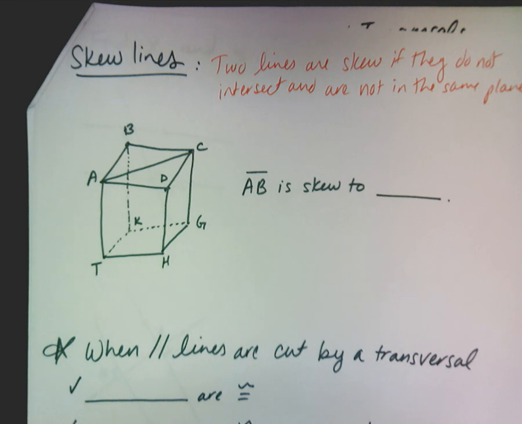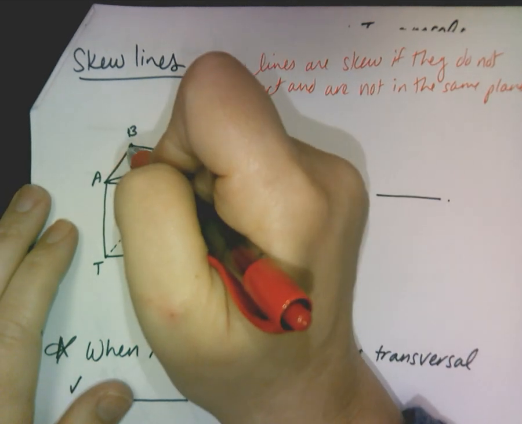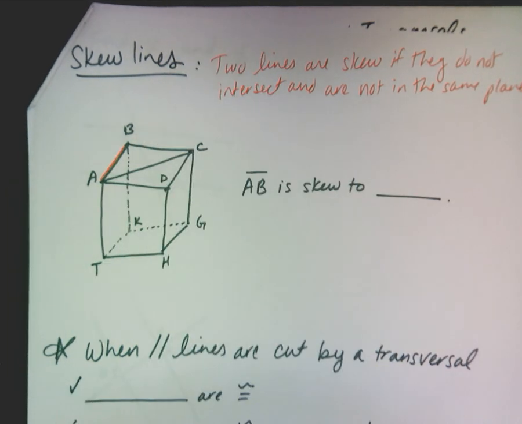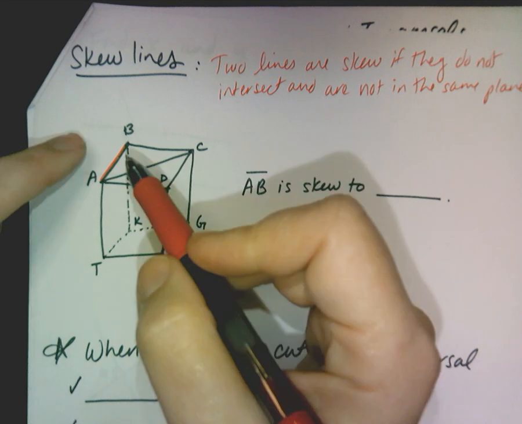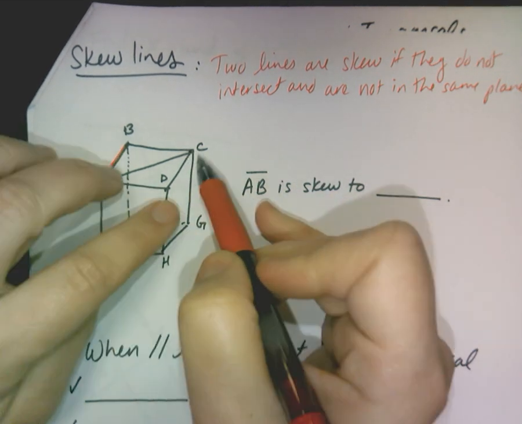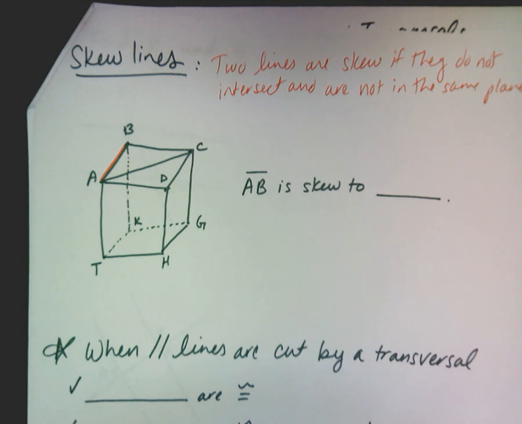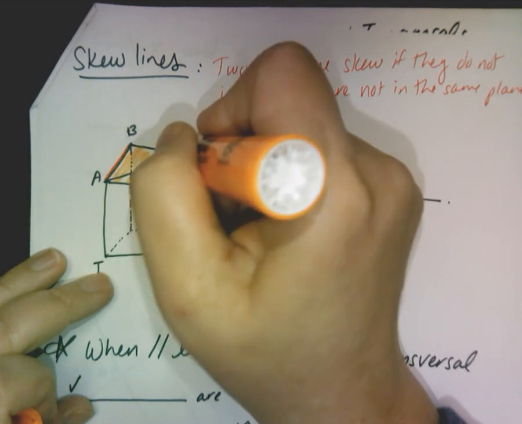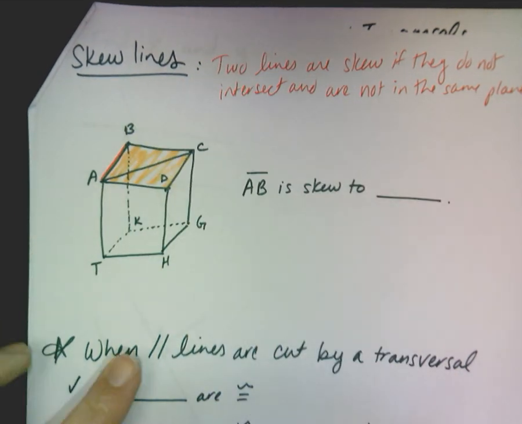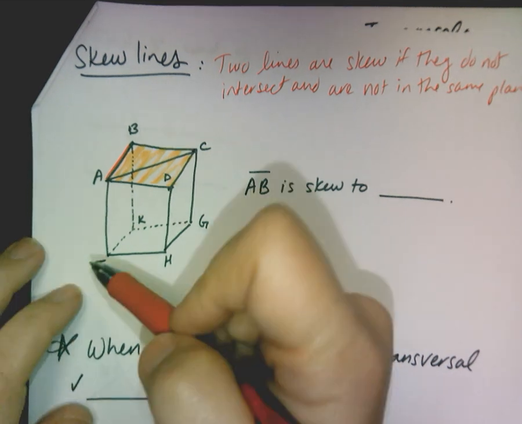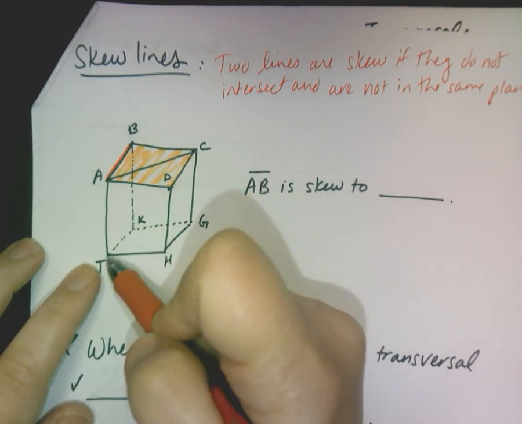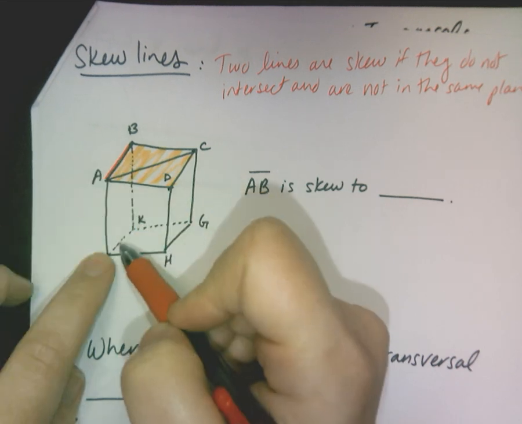So if I asked you to find a line that is skew to AB, here's AB. What I usually look for is I don't want to pick any line that's on this plane right here. Okay? So just to highlight that for you, I don't want to pick any line up on that plane. So I'm going to pick something down here. And I don't even want it going the same direction. So I wouldn't pick TK because, to be honest with you, that's on the same plane.